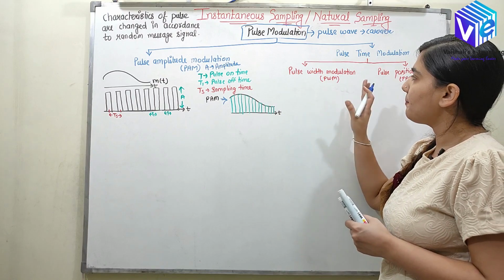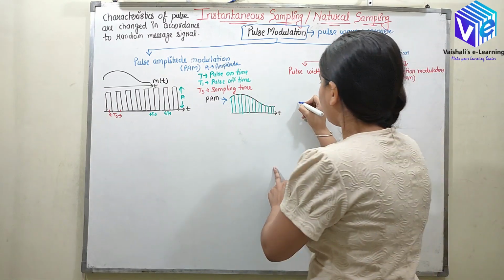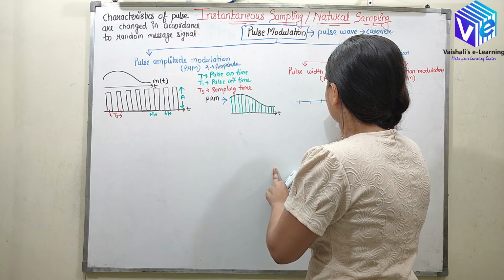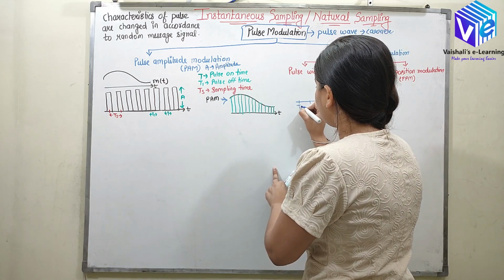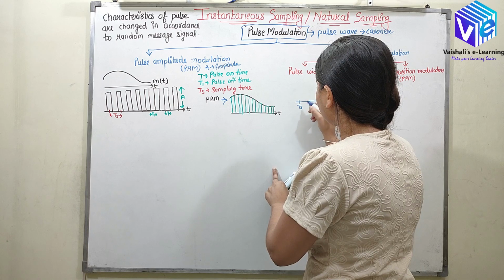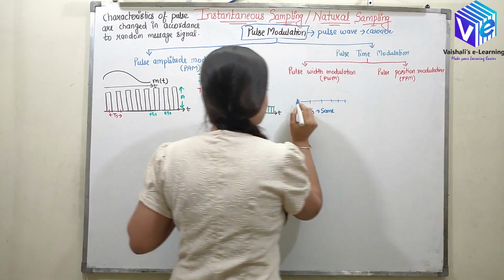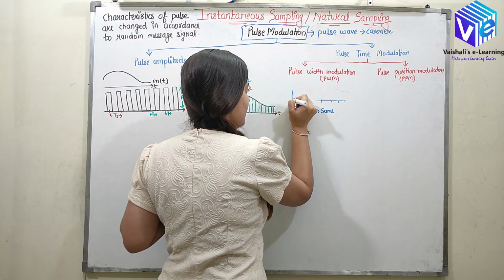Now coming to the pulse width modulation. Here the width of the pulse will change. Now TS remains same, only the width changes.